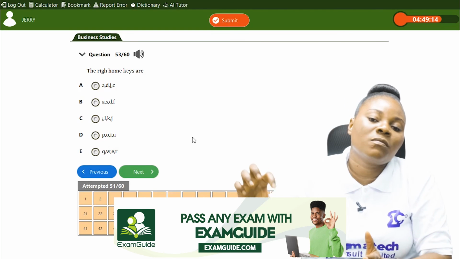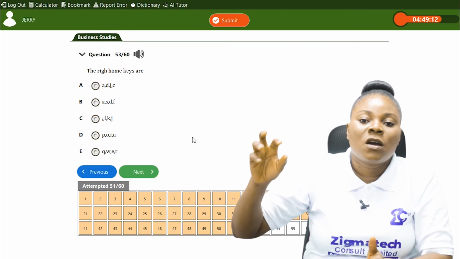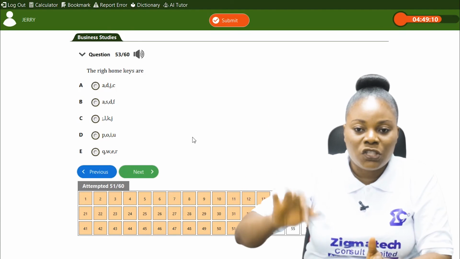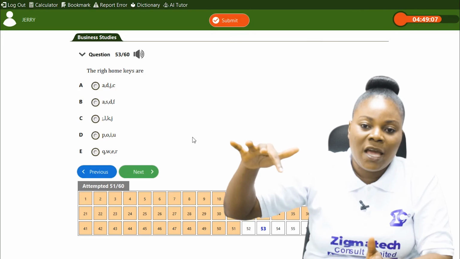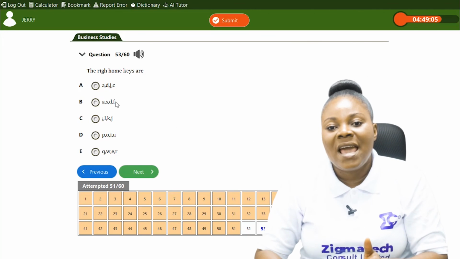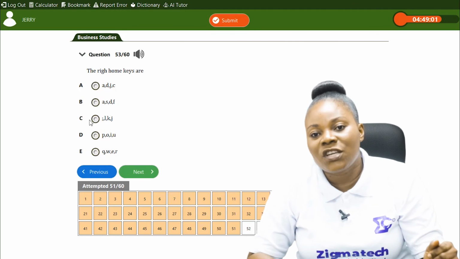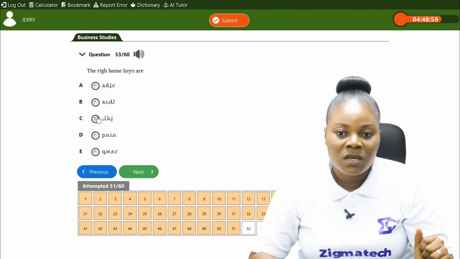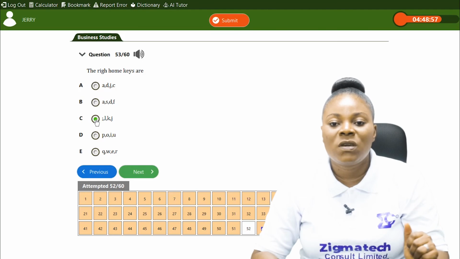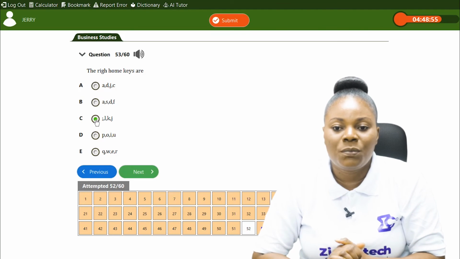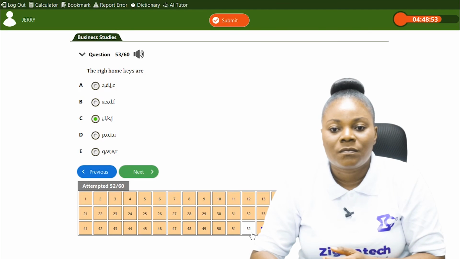So the right home keys are keys column LKJ. So ASDF is for the left home keys, while column LKJ is for the right home keys. So these are the home keys found on the computer keyboard.